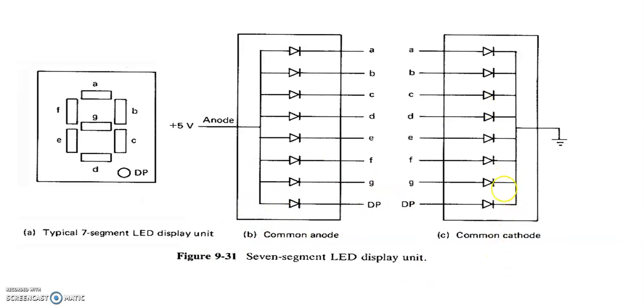Next, if I take the common cathode, this one is the reverse, operated with logic 1. All cathodes are connected to ground, and anodes are connected to data lines. So logic 1 turns on the segment.